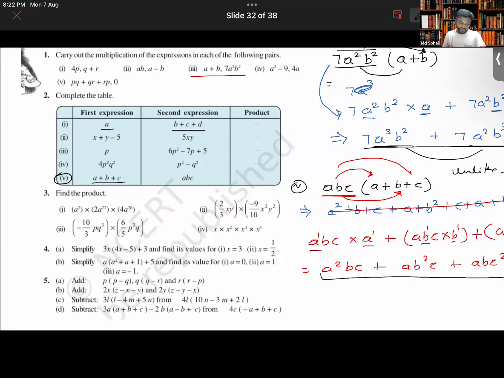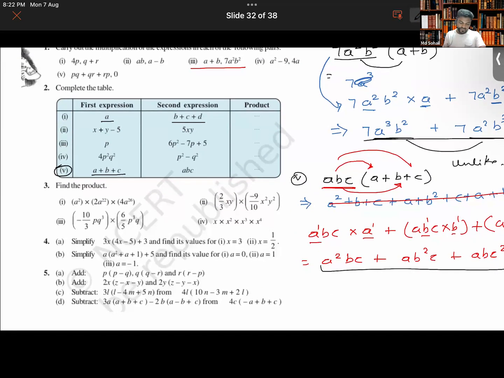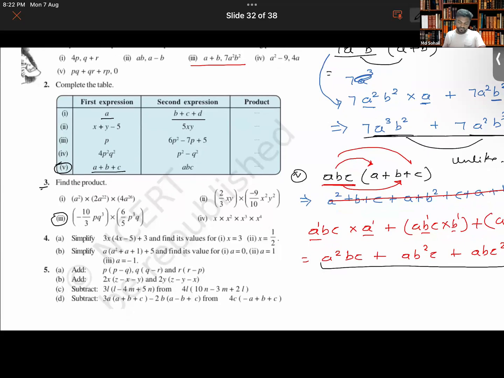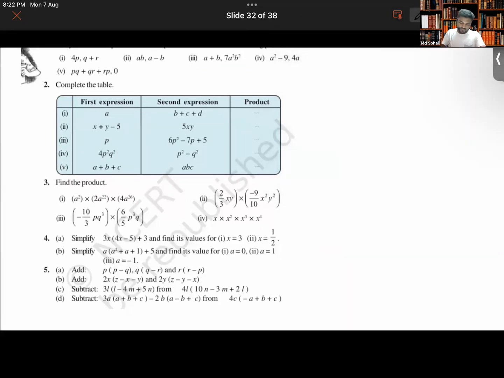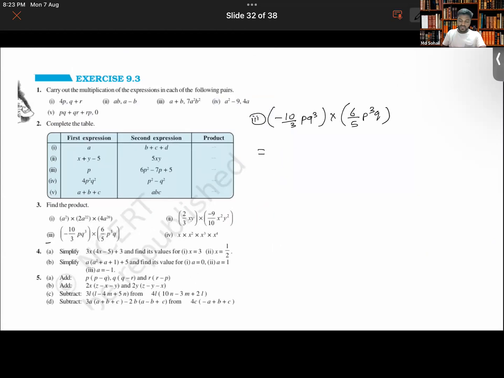See question number 3, this one. Let me write it over here: minus 10 upon 3 p cube multiplied by 6 upon 5 p cube q. Now, as you already know, first we need to multiply the coefficients, right?